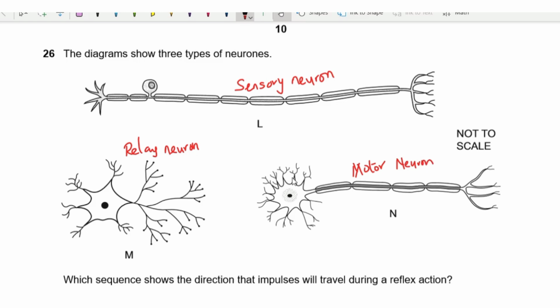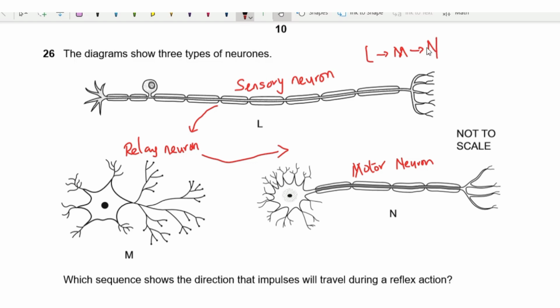So the sequence is from the sensory neuron to the relay neuron, then to the motor neuron. So we'll have L to M to N.